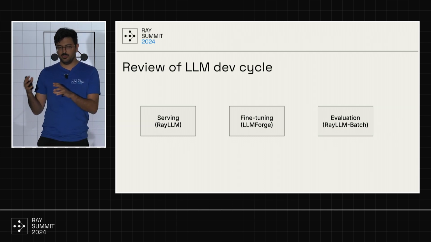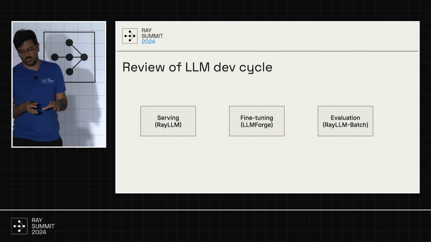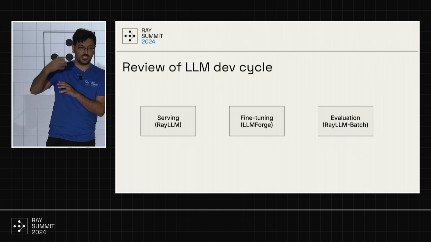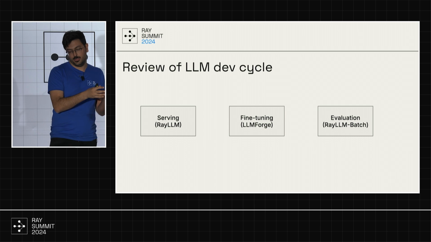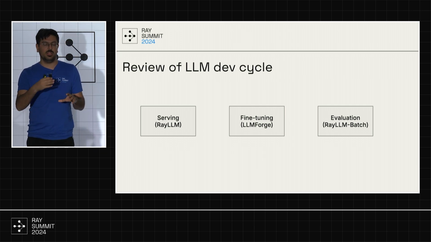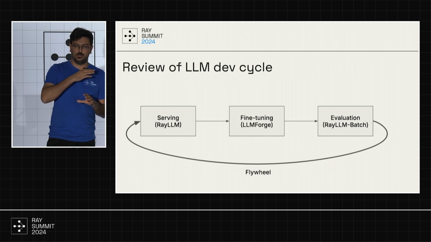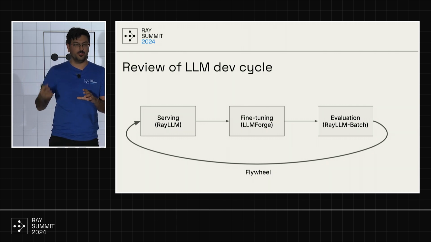And then on the eval side, every time you make design decisions, such as prompt engineering or fine-tuning, you want to be able to scalably run large-scale evaluations on large datasets that may represent your problem. And this is not just a one-shot pipeline. You almost form a flywheel out of this.